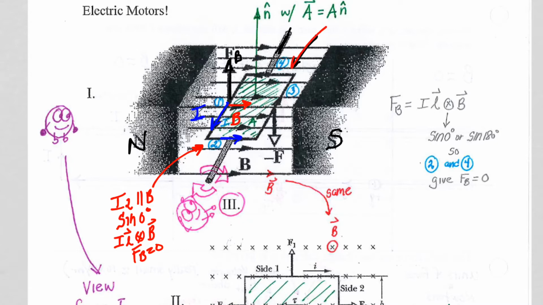In section 4, we have the same thing. I4 is parallel to B, so FB equals 0 in section 4.